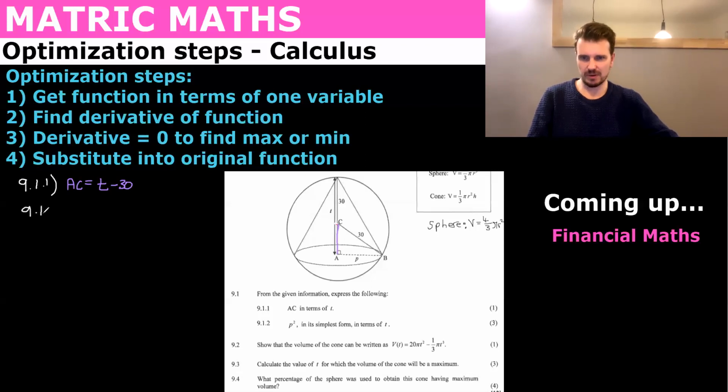So 9.1.2 says P squared in its simplest form in terms of T. So this is already a right angle. And so let's just write in that we got that AC is equal to T minus 30, because if we had to get it, then it's usually used in the next question. Well, we know that this is a right angled triangle.